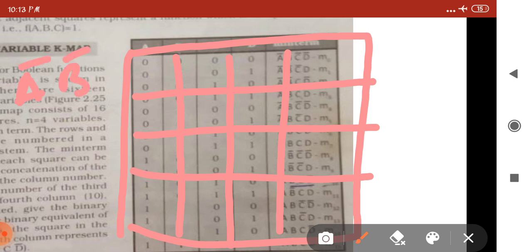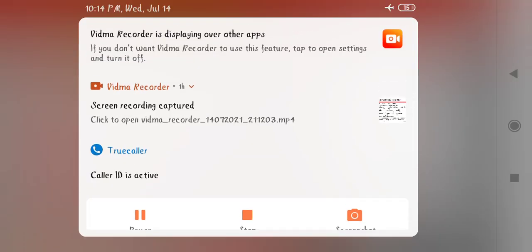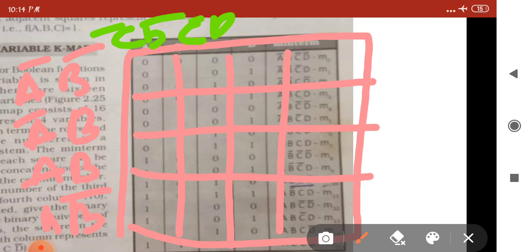A bar B bar, A bar B, A B bar, A B. This is the one line. C bar D bar, C bar D, C D, C D bar.